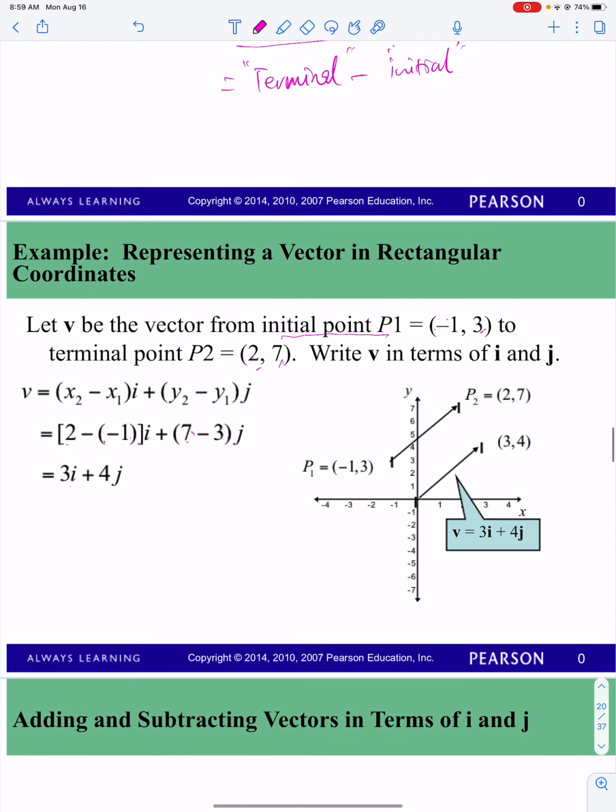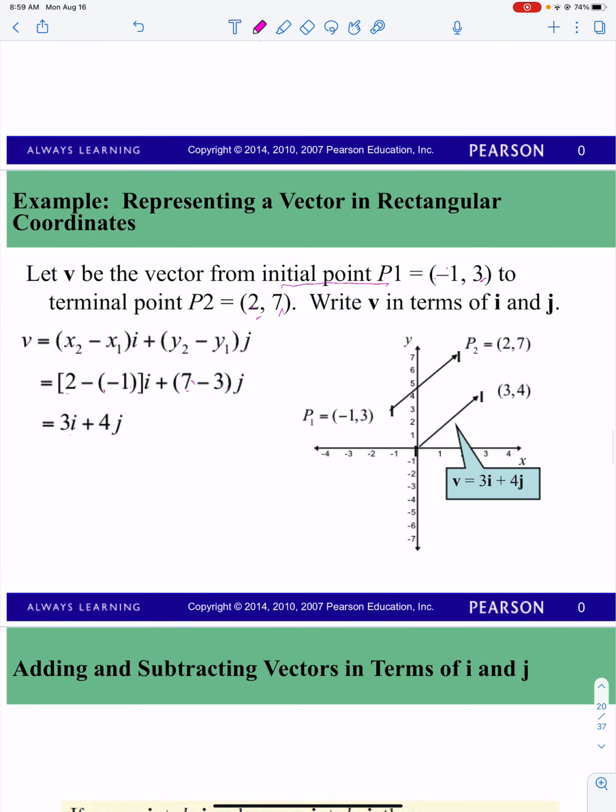Okay, so what is this? We draw a picture here. This is the vector. If we draw from 0 to (3, 4), what is this vector called? It's called the position vector.